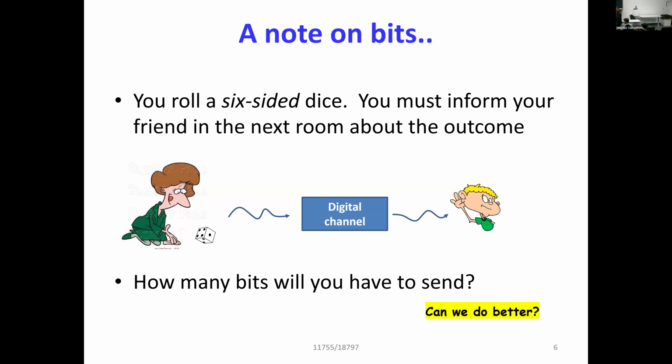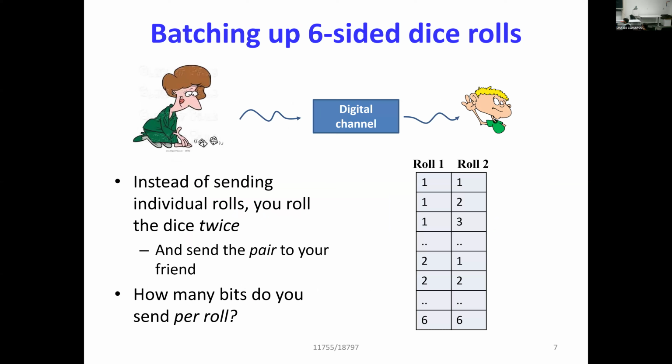So you're saying you can batch it. So what I can do is send, instead of sending individual rolls, I can roll the dice twice. How many different outcomes do I have if I roll the dice twice? 36.